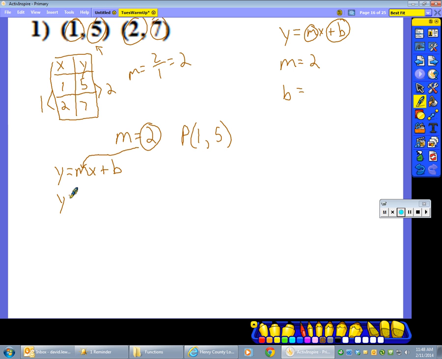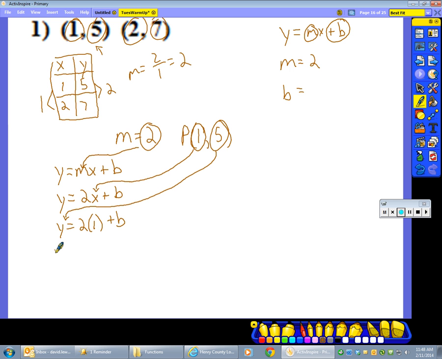So now my equation looks like this: y equals 2x plus b. Then I'm going to take my x value and sub it in for x, so now I have y equals 2 times 1 plus b. And then I take my y value and sub it in for y, so now I've got 5 equals 2 times 1 plus b.